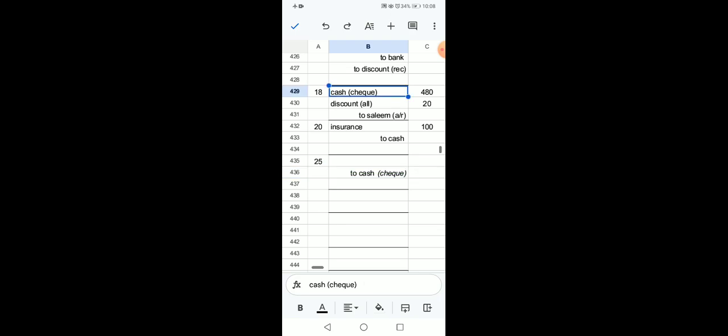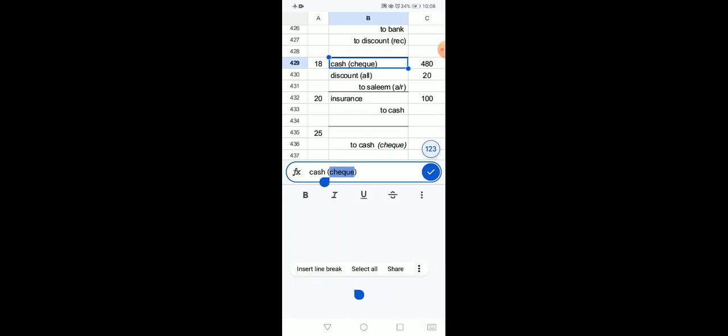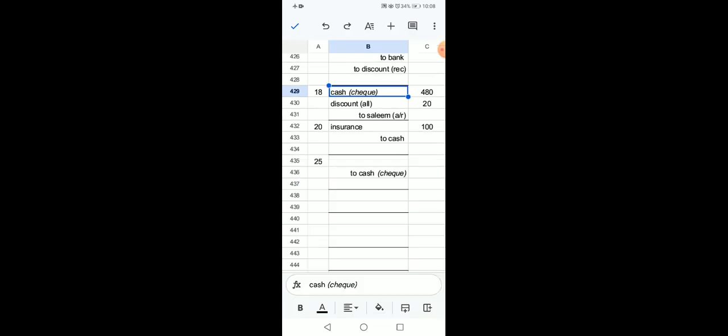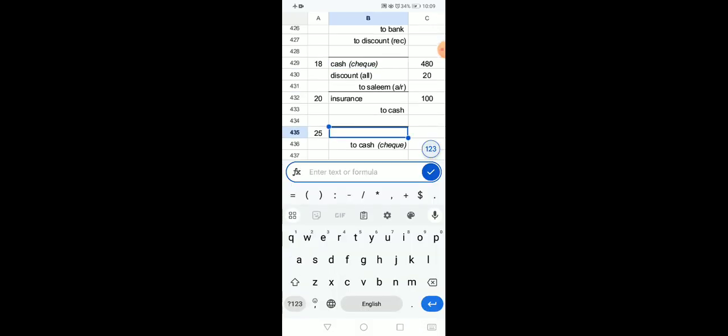It is unnecessary to be written over here, but we have written it for reference. You may write it or you may delete it, but here you can understand well that it wasn't cash, it was a check which we received from Salim, and the same check we are transferring to someone else. To whom are you paying the check? The person's name is Kareem. Kareem was the person to whom the amount was payable, and now you have paid, no matter in shape of cash or check.